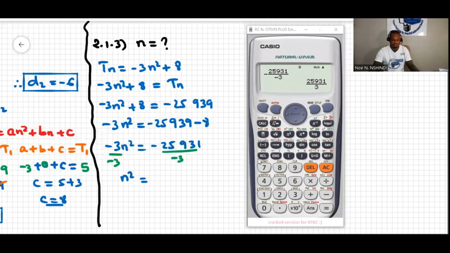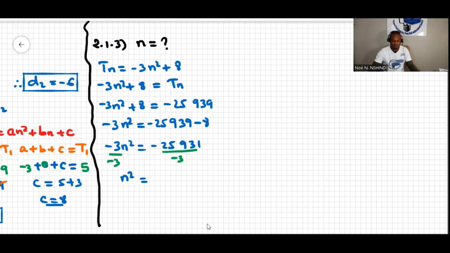Oh la la, there was a mistake here. When we minus 8, it should have been negative 25,947. That's wrong, so I prefer to write it here: negative 25,947.